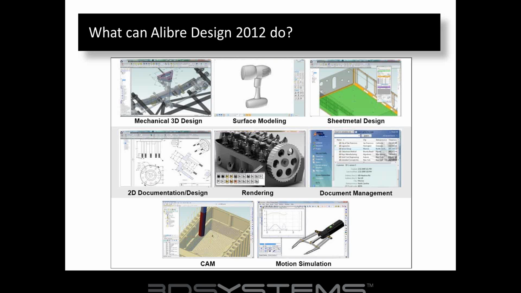We also have a 2D documentation module that automatically generates drafting drawings based off of the 3D model that you've created. We offer rendering solutions as well that take your 3D model and apply surfaces and textures to them so that you can make a realistic looking photograph based off of the conceptual design that you have.